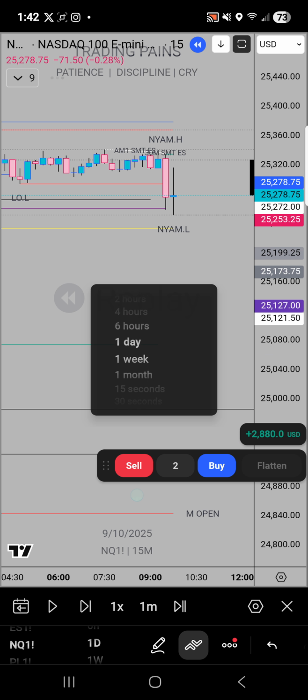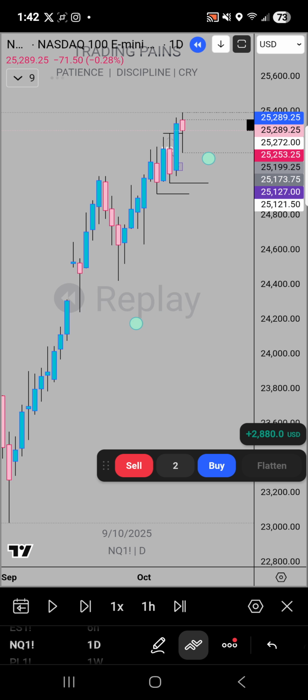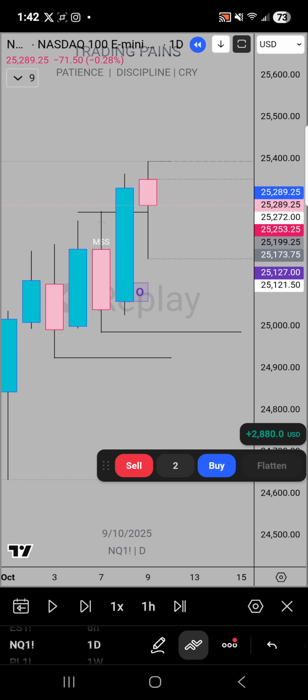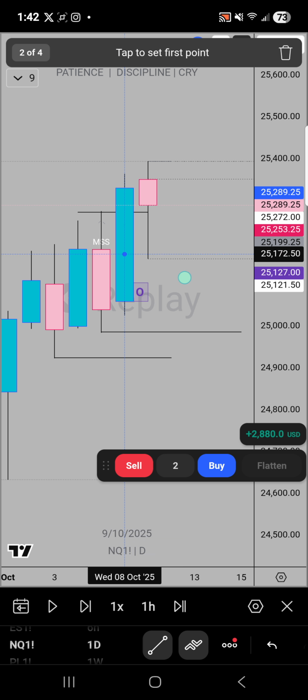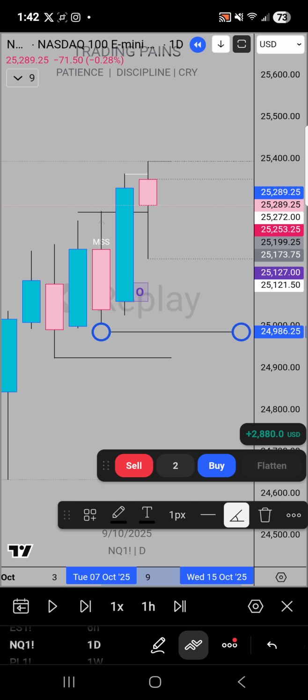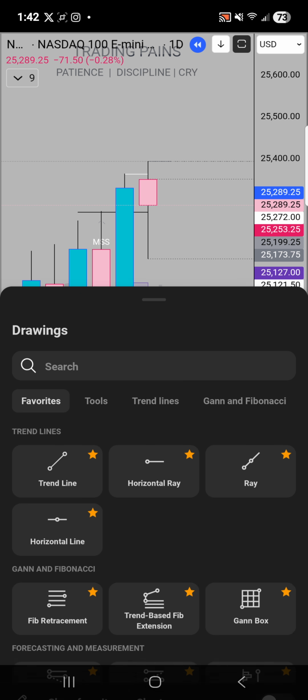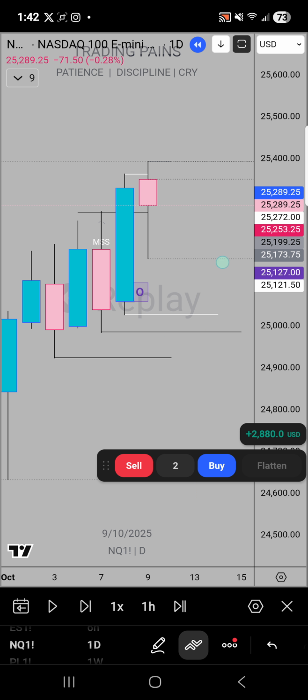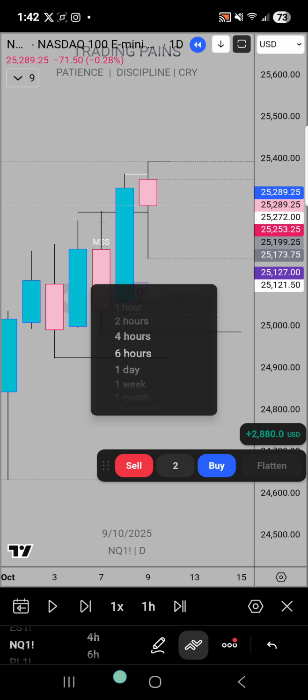Let's take a look at the daily. Alright, so we're definitely consolidating. It did take out this previous day high, so we might be able to look at this previous day low as a target. This is a doji.